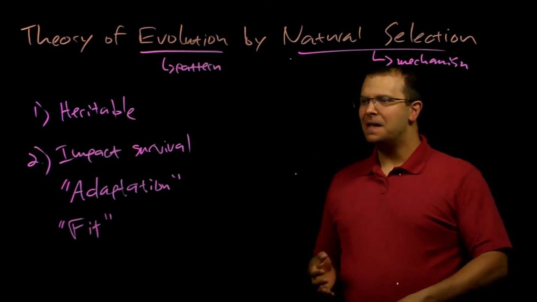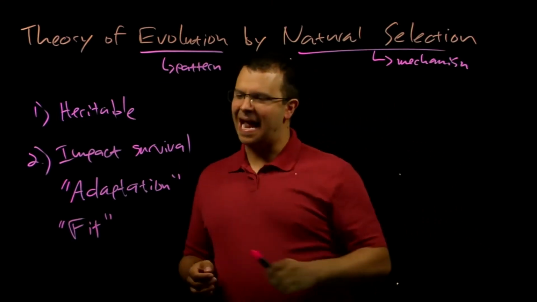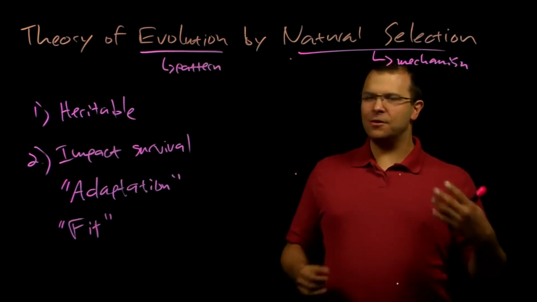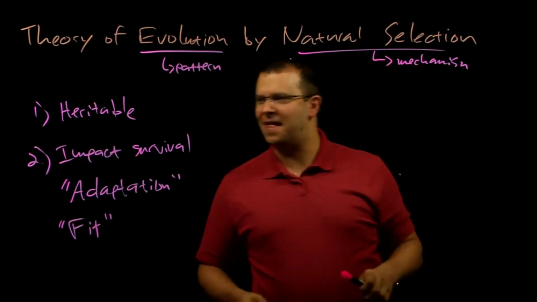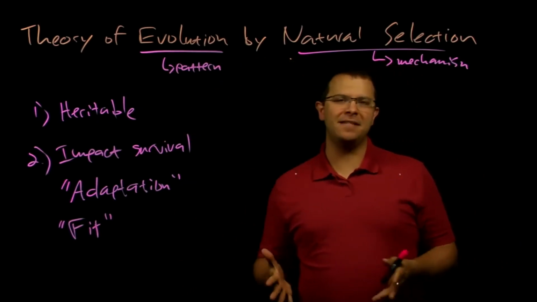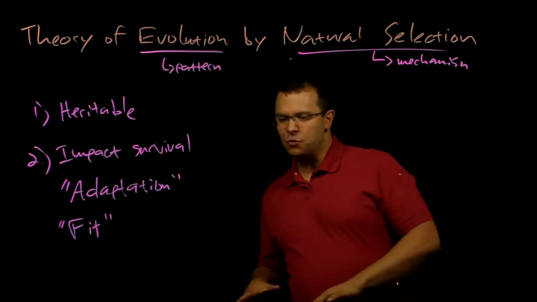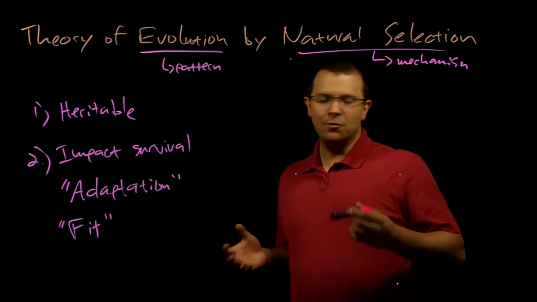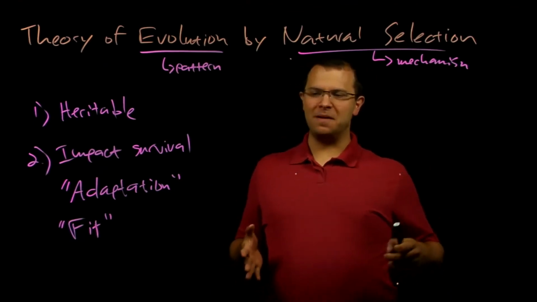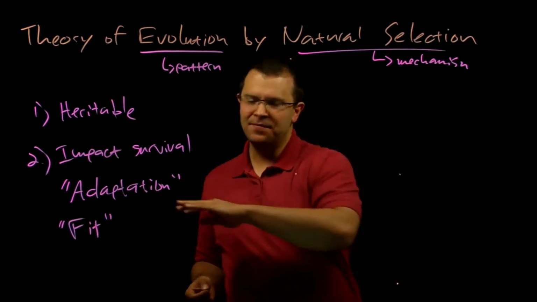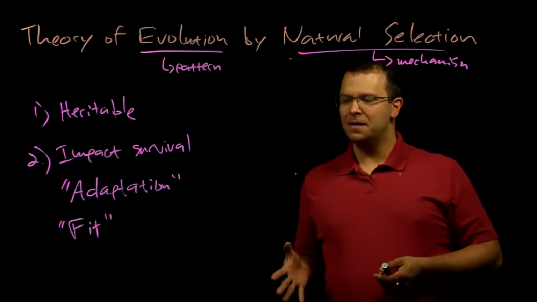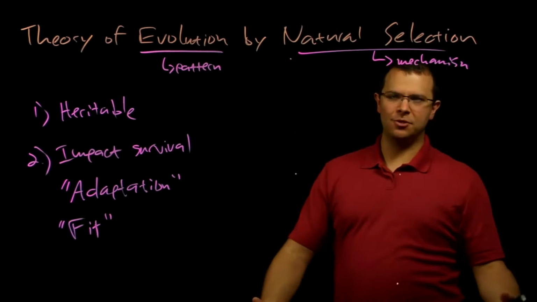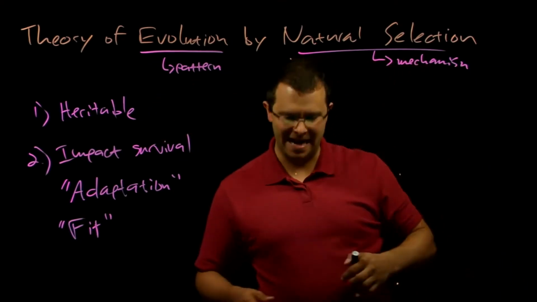And if organisms with an adaptation are making more progeny, and those progeny also have that trait, then what's going to happen to that trait, right? If you look at the entire population, those organisms are going to be more likely to have this adaptation because organisms with that adaptation are more likely to produce progeny that also inherit it.